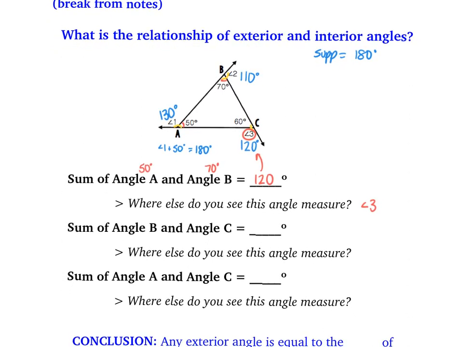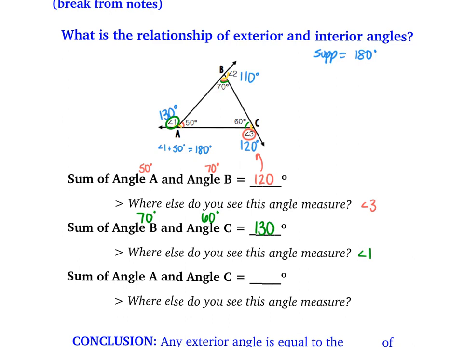Next, if we look at angle B and angle C, B is 70 degrees, we used that last time, and C is 60 degrees. Together, those have a sum of 130. Well, I see 130 here at angle 1. And again, it's still true that this exterior angle is equal to the sum of its remote interior angles.